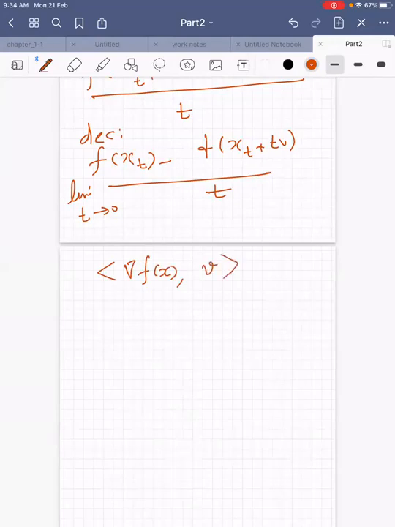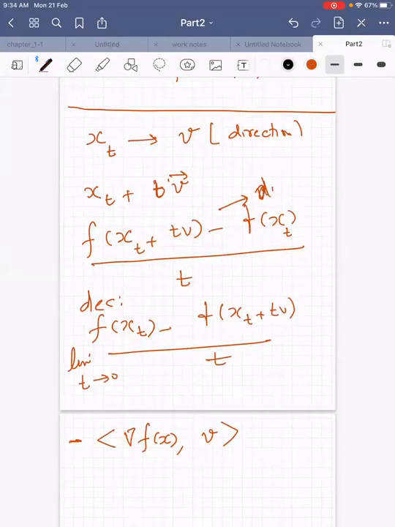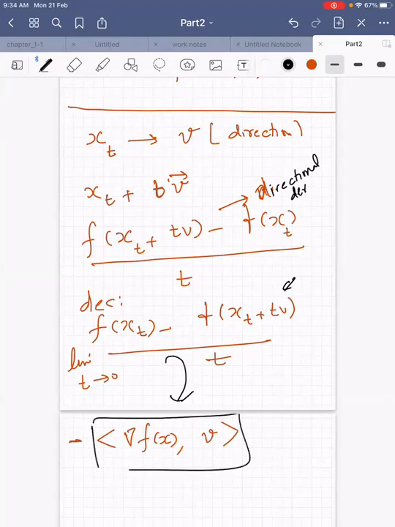This term is the directional derivative, and this is the decrease in function value. So this thing is the negative of the directional derivative, correct?